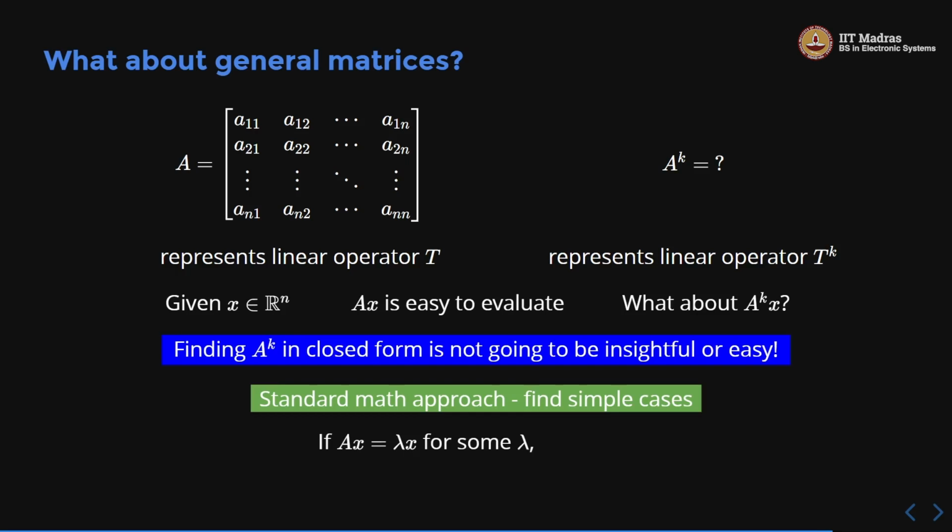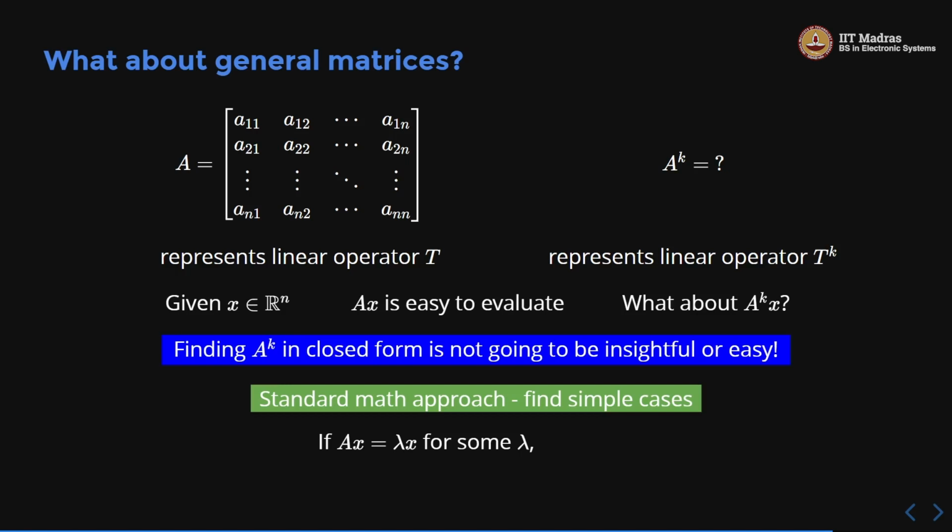Suppose Ax equals lambda x for some lambda. Supposing you have an x which is not affected by A too much. In fact, it doesn't vary in direction, only in magnitude. It gets multiplied by lambda, but in direction it remains the same. Of course, if lambda is negative, it will go to minus x, but sort of the same.